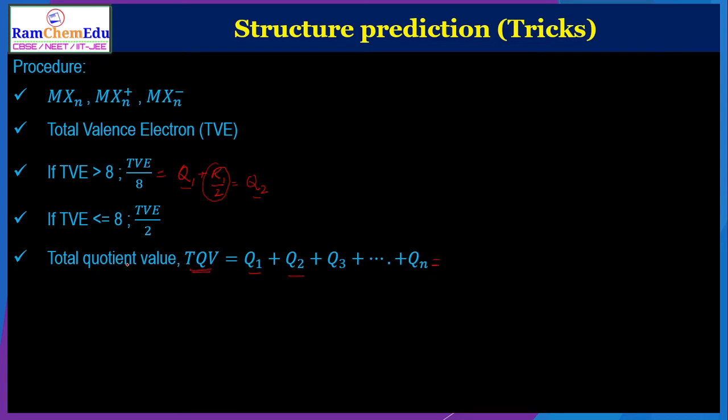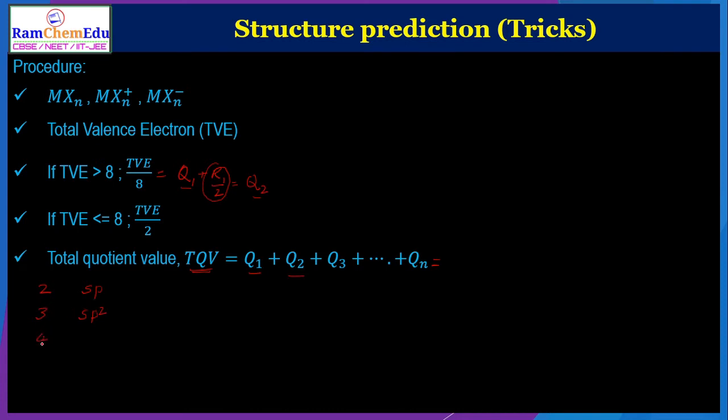So when this total quotient value is equal to 2, then you get the hybridization as sp. You add the powers of s and p, which is equal to this total quotient value. If this is equal to 3, you take it as sp2. You can find the total powers of this equal to 3.